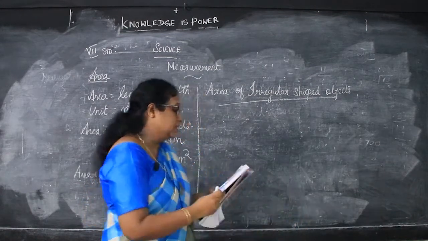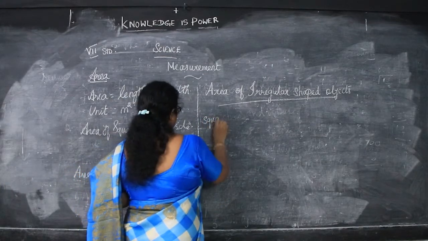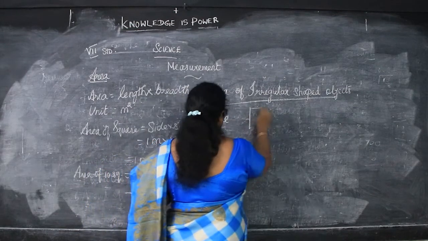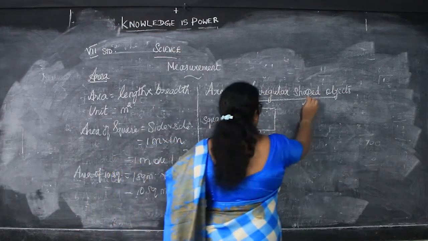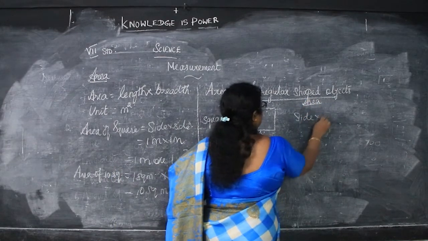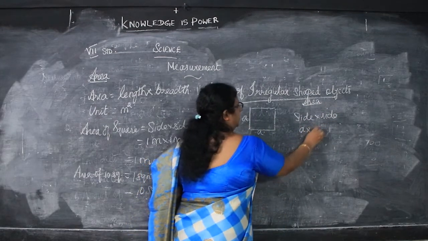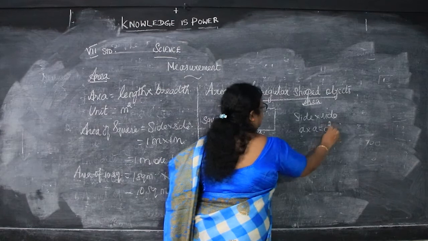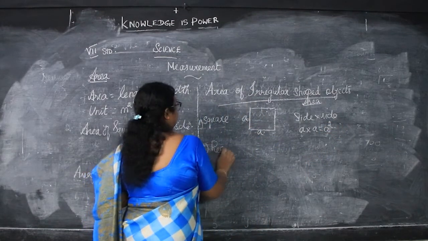Now, first is square. The square diagram has side A, and the area is side into side, that is A into A is equal to A square. Next is rectangle.